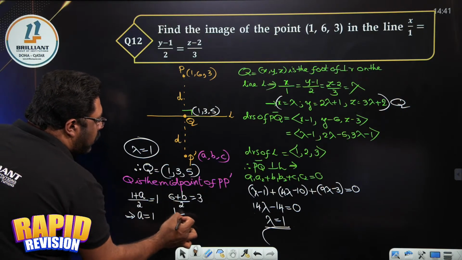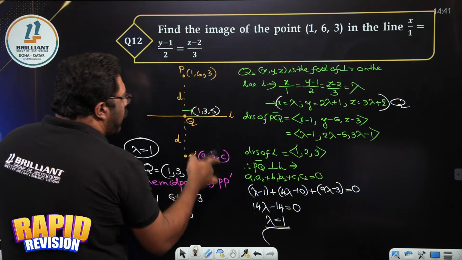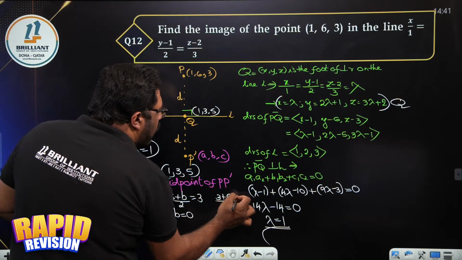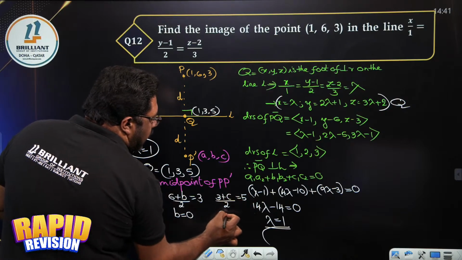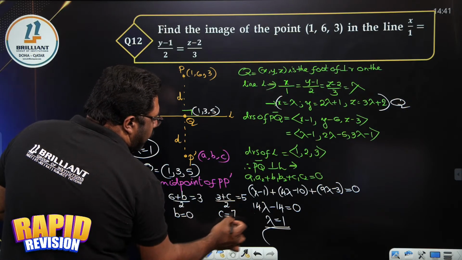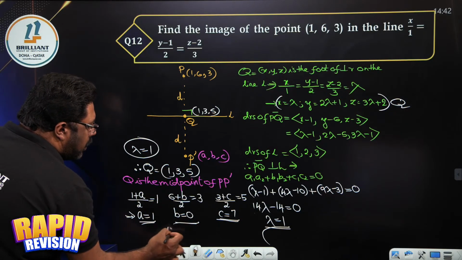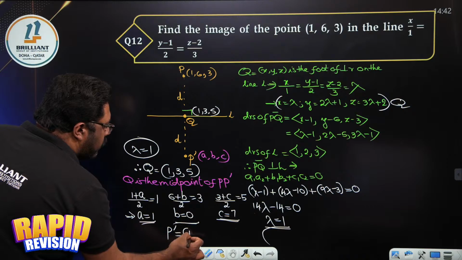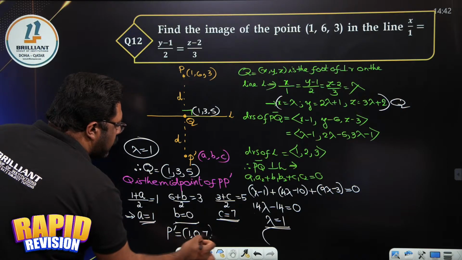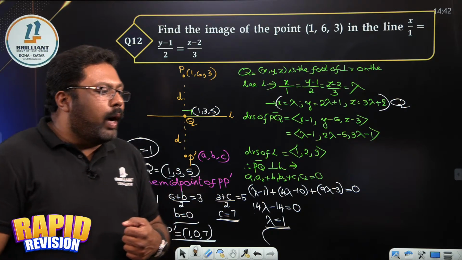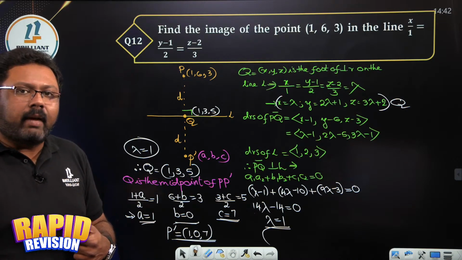Here B equal to 0. 3 plus C by 2 equal to 5. C is equal to 7. I got the coordinates of each point on the image. So P dash is equal to 1, 0, 7. The image P dash is equal to 1, 0, 7.